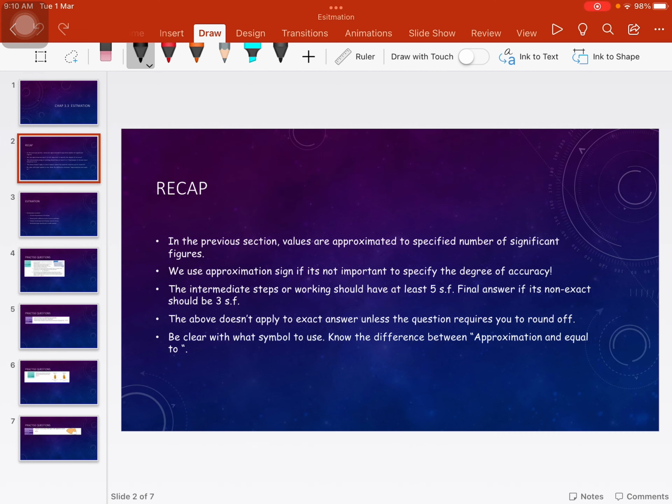In the previous section, we covered approximation. When you're using the approximation sign, it is not important to specify the degree of accuracy. But when you write the equal sign, you need to specify the degree of accuracy.